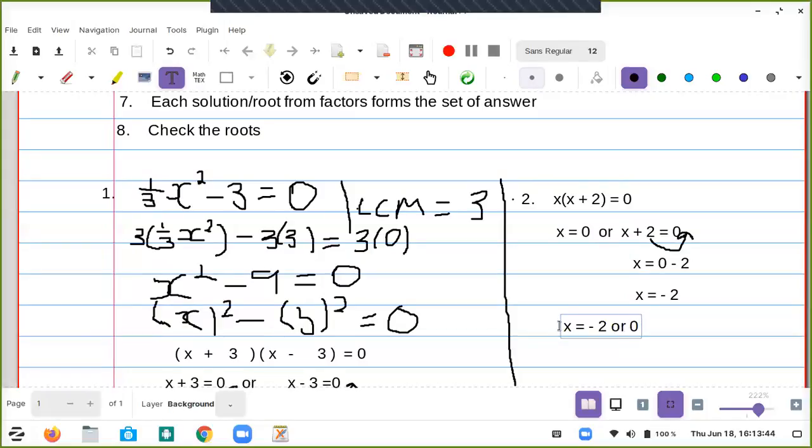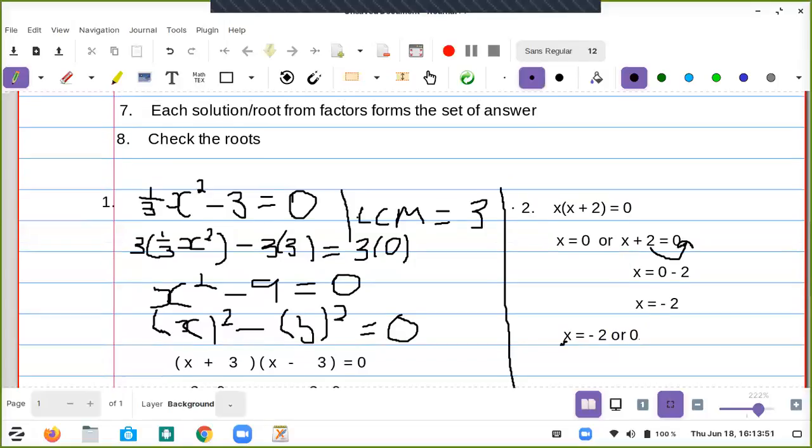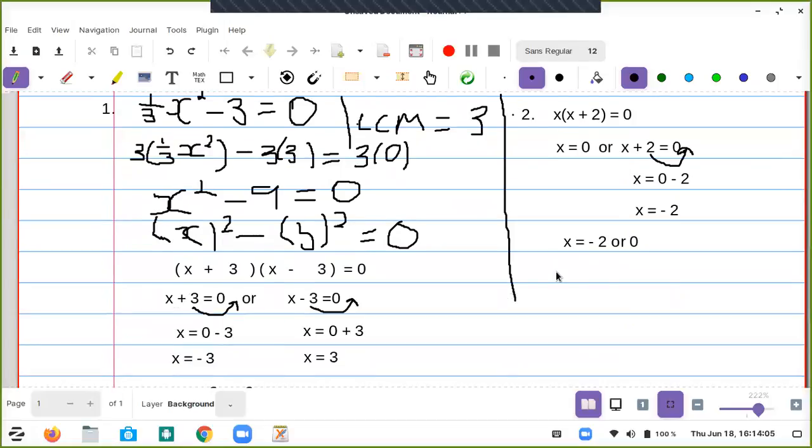These are my set of solutions. And remember, I once said, before you conclude that this is your answer, you must first of all check your answers, right? Check your answers and find out whether they are correct or not.